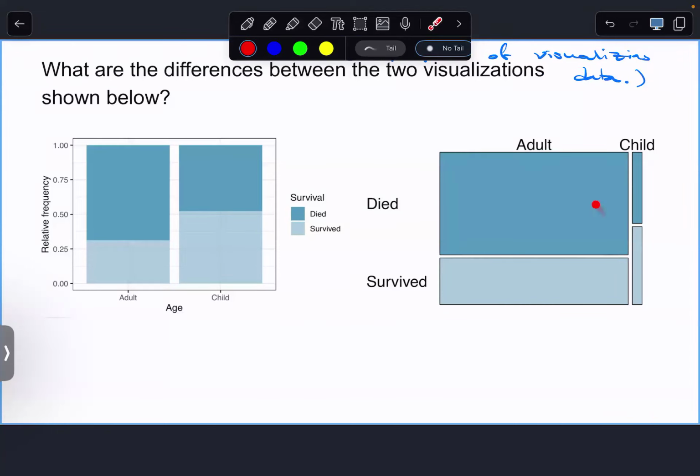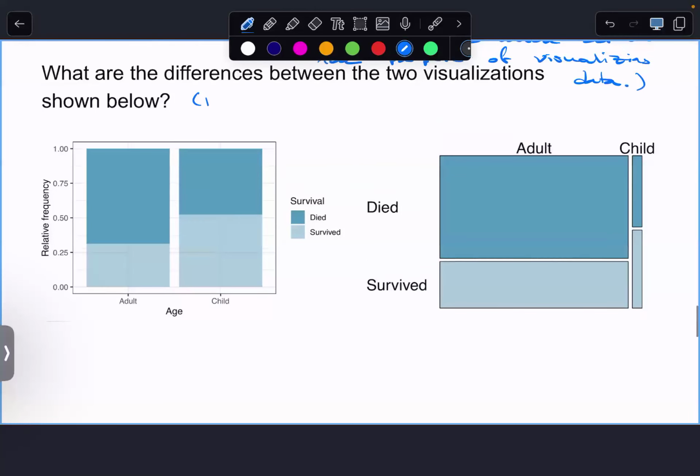Well, the overall adult bar is quite a bit thicker because we had more adults in our data set, whereas the child bar is very, very thin because there weren't very many children on the Titanic. So, I'll just make a note that this is the Titanic data.